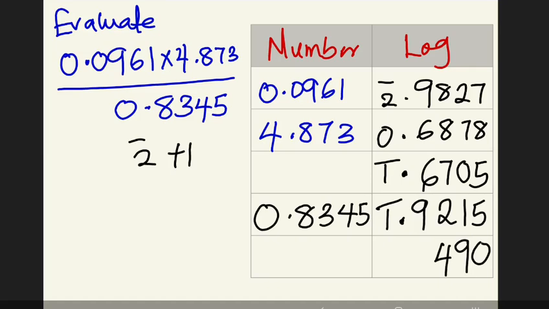Then we borrow 1 from minus 1 to give us 16. So 16 minus 9 gives us 7 point. Since you borrowed 1 from minus 1 point, it will turn to bar 2 or minus 2.